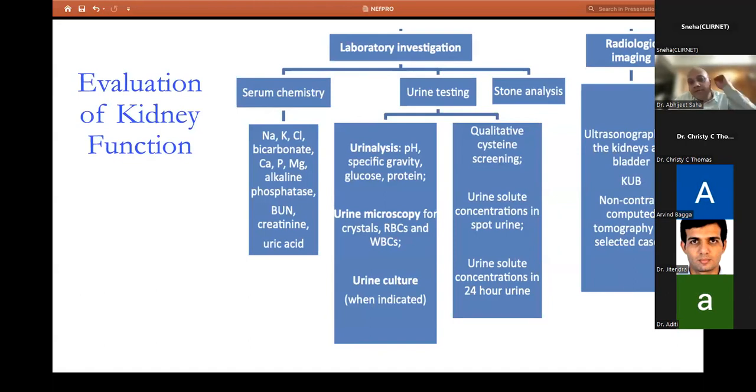Urine analysis was also done for pH, specific gravity, glucose, protein, and urine microscopy for crystals, RBCs, WBCs, any type of cast, then urine culture whenever indicated.